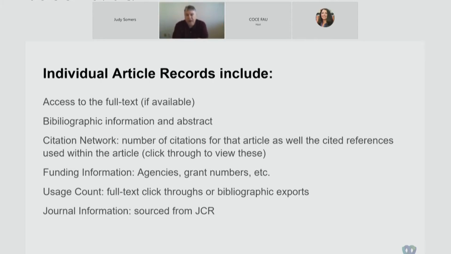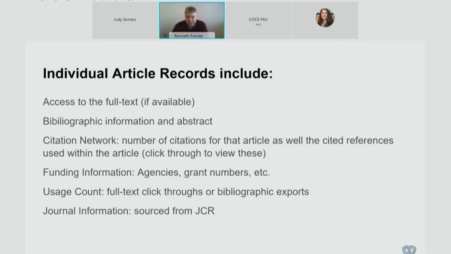The individual records for each article do include access to the full text. Sometimes there'll be a link directly to the publisher. There will often be the Find It at FAU button that'll look through the library's holdings to see if it's available through any of our resources. So that is there.